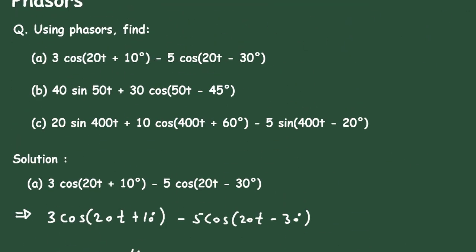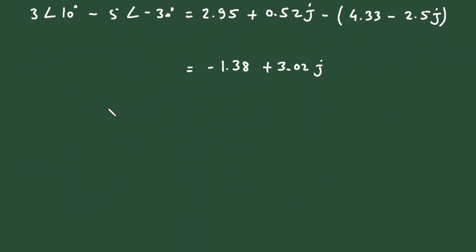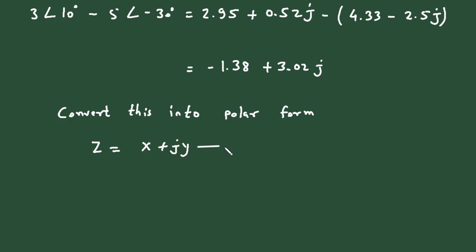So we got this value. Now we will convert this into polar form. So z is equal to x plus jy. This is called rectangular form. And z is equal to r at an angle phi.